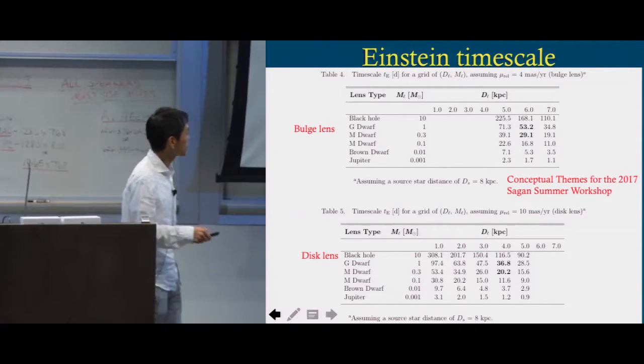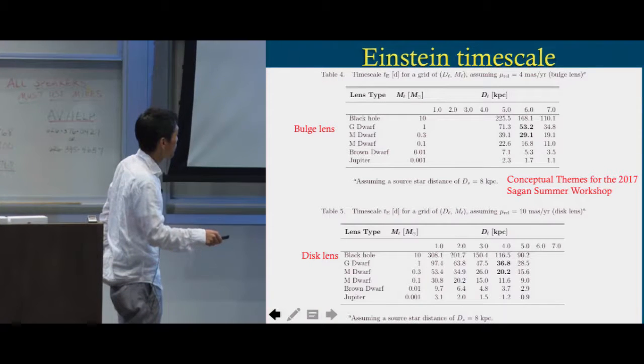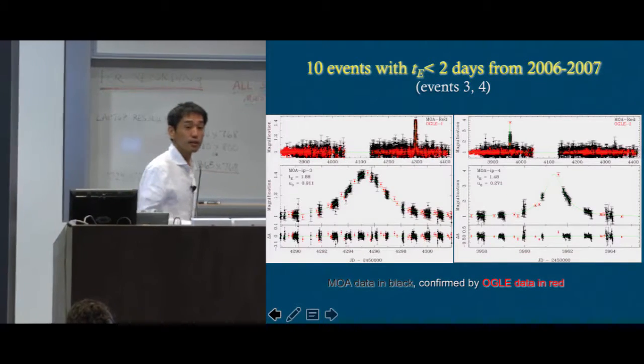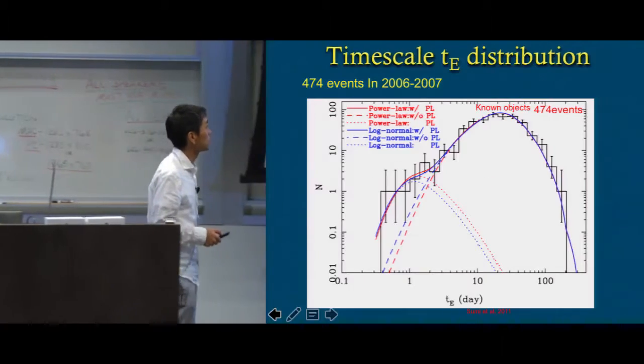And for the disk lenses, it is about 1 day for the Jupiter mass object.